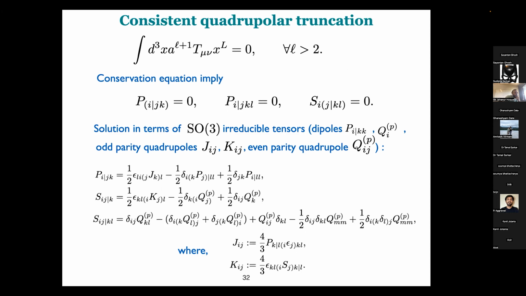And also, we want to represent all L equals 0, L equals 1, and L equals 2 modes, just like an SO(3) decomposition. So we want to construct what the dipoles are, what the odd parity quadrupoles are, and what the even parity quadrupoles are. Even parity quadrupoles are Qij. What is important to realize is that you can look at this Sij piece.